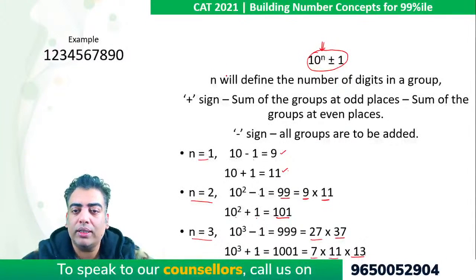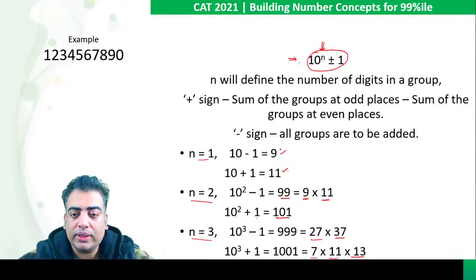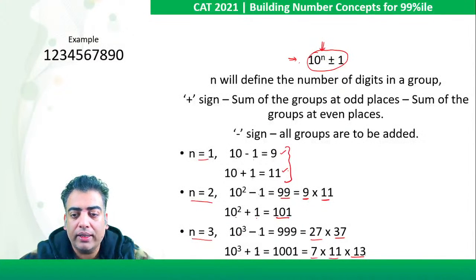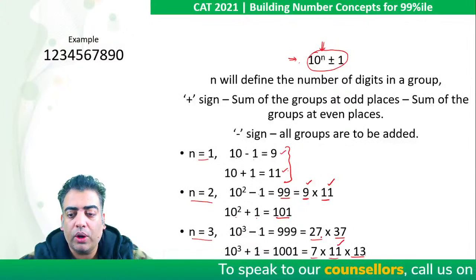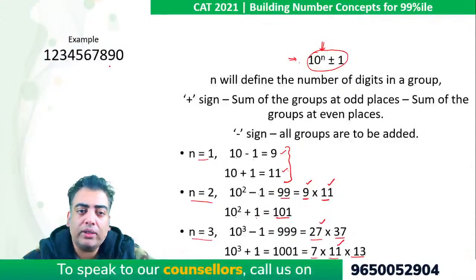Now we need to understand how to use the divisibility rule in such a case. Although we have studied one divisibility rule for 9 and 11, this method will give me more divisibility rules for 9 and 11. So in case of 9, we usually add all the digits. That can always be done.